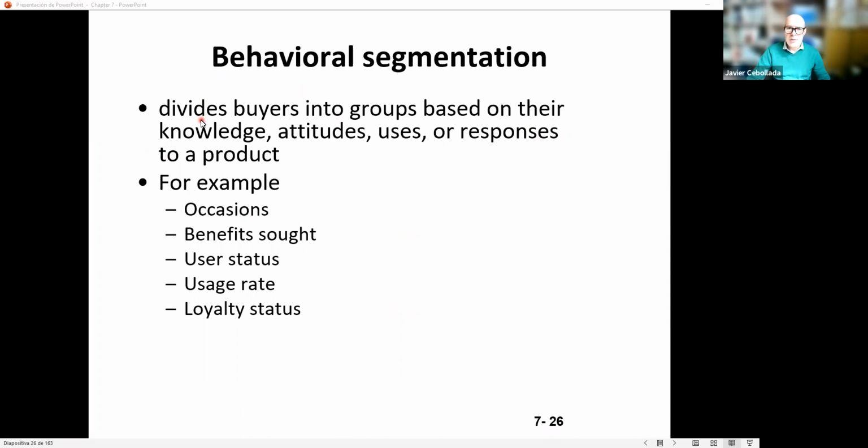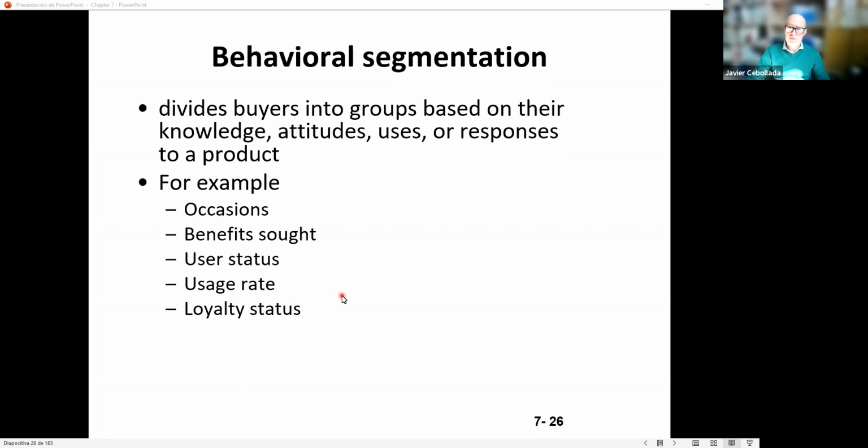Behavioral segmentation divides buyers into groups based on their knowledge, attitudes, uses, or responses to a product. For example, based on the occasion in which the product is purchased, the benefits sought, the user status, the usage rate, or the loyalty status. This is a very effective segmentation if it can be applied.